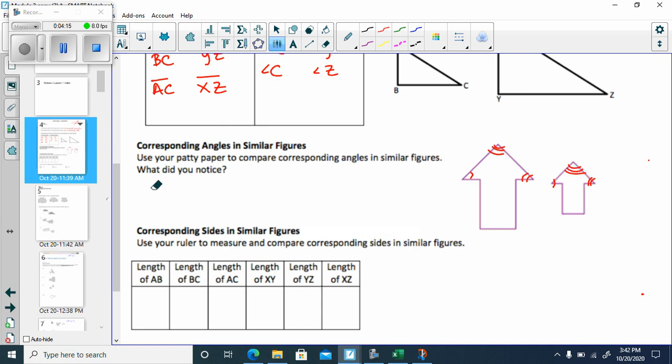So what do you notice? Using patty paper, you notice that corresponding angles in similar figures are congruent.